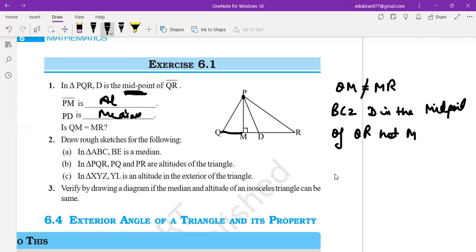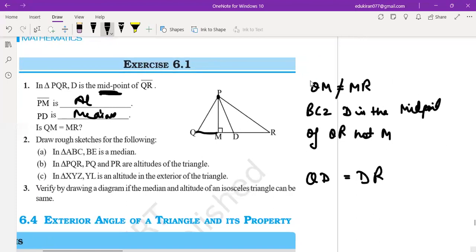But in case I give you the question that QD is equal to DR, is it fine or not? Is this correct or incorrect? Yes, correct, ma'am. Why? The reason will be because D is the midpoint. Clear?